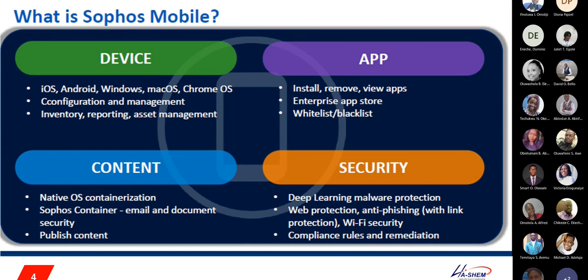With the inclusion of compliance rules and remediation, Sophos Mobile also provides web protection policies and allows customized web filtering policies so that you can be sure that your users are staying safe in your organization. Those are some of the things that Sophos Mobile as a product gives you.